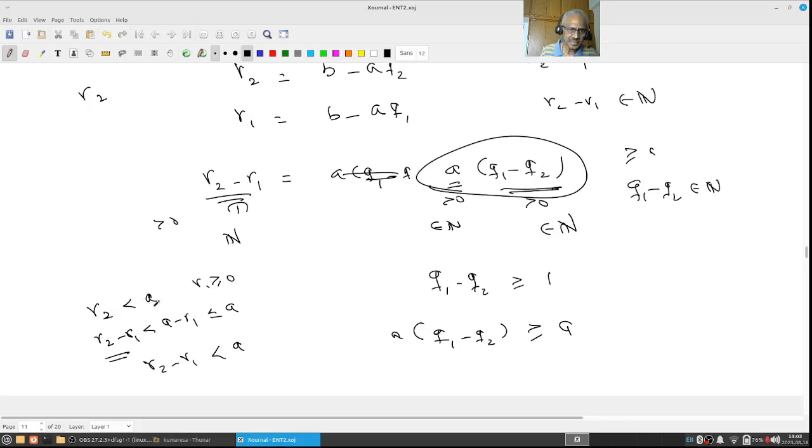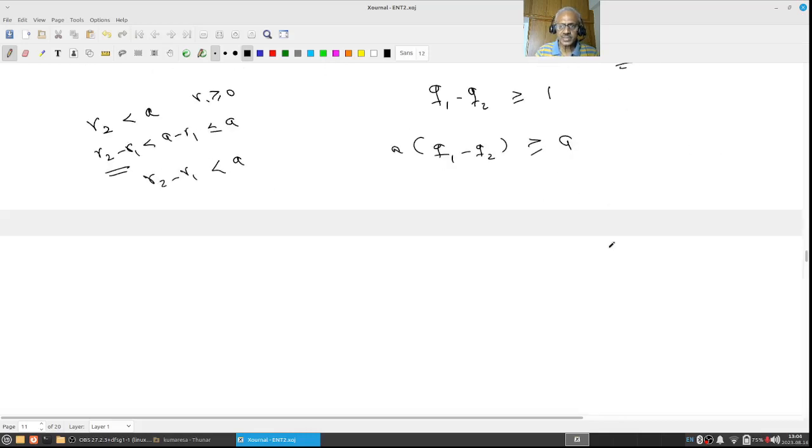R2 is less than A. From that I am subtracting R1, which is a non-negative quantity. Therefore this quantity will be strictly less than A. So the left side is strictly less than A, whereas the right side is greater than or equal to A. So that's a contradiction. LHS is strictly less than A, RHS is greater than or equal to A, contradiction.